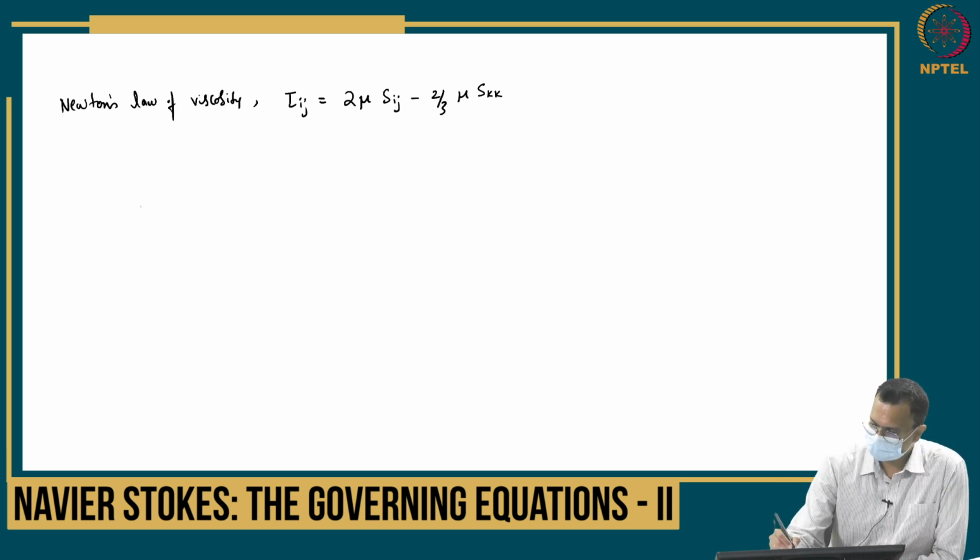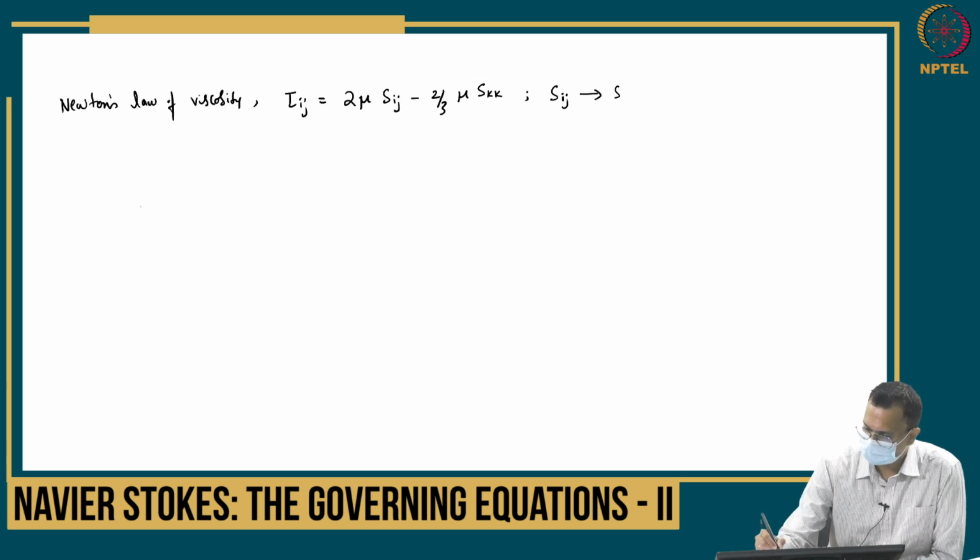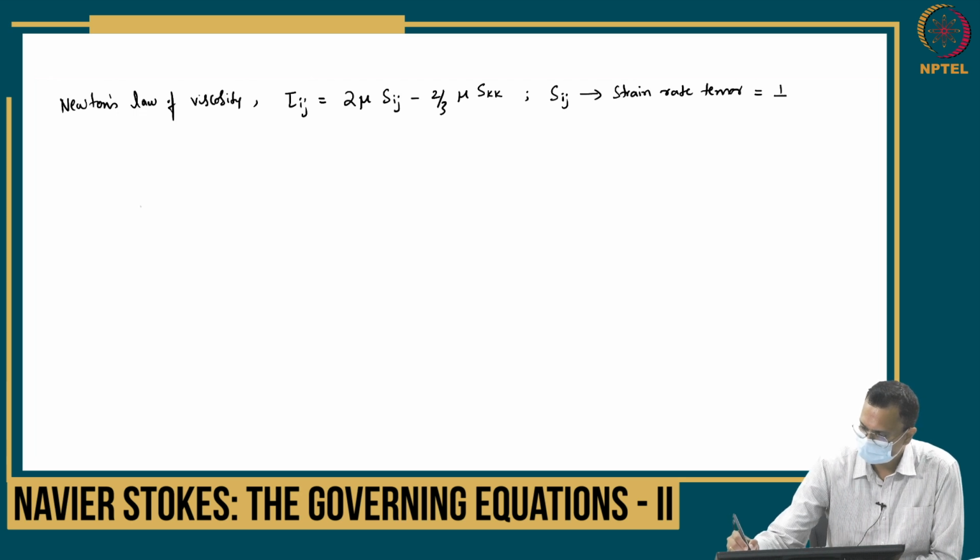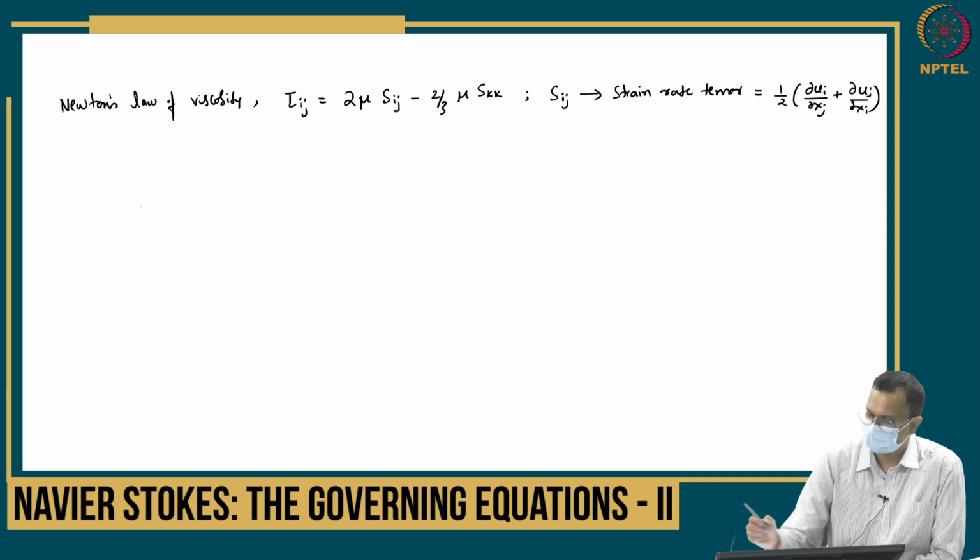Here Sij is the strain rate tensor, which is equal to half of dou ui by dou xj plus dou uj by dou xi, your strain rate tensor, and Skk implies i equal to j.